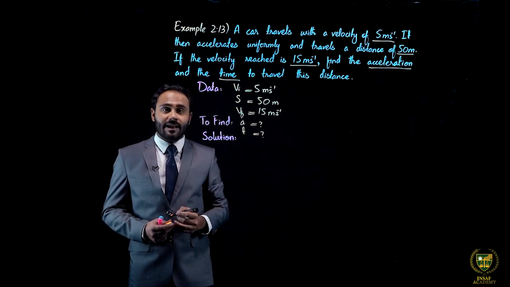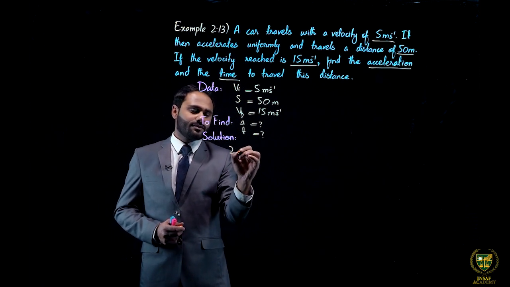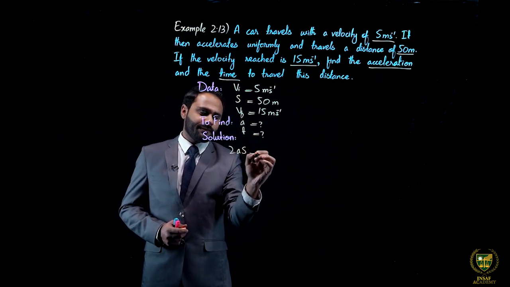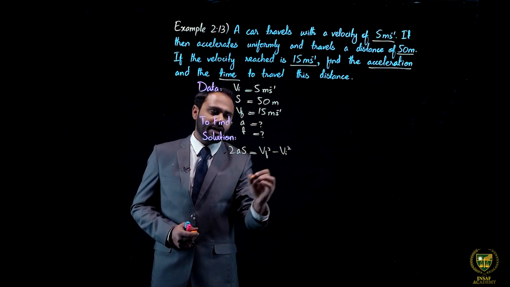Now to find acceleration we use the third equation of motion, which is 2as is equal to Vf square minus Vi square.